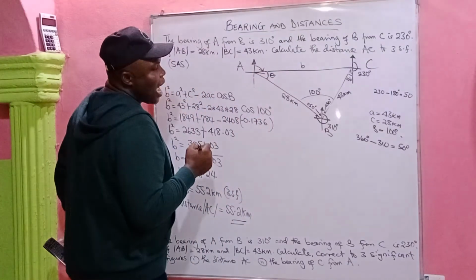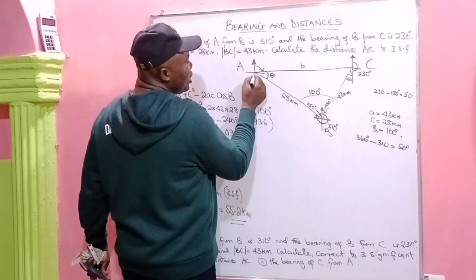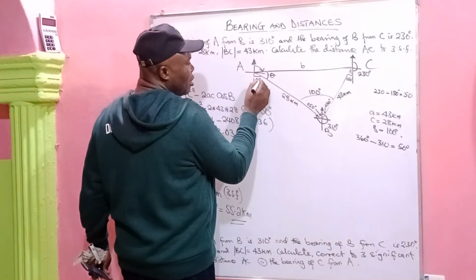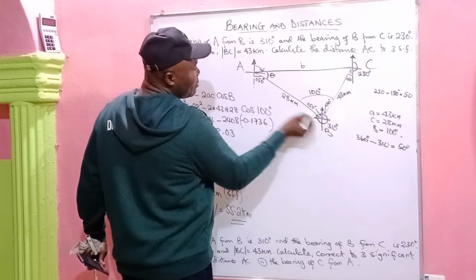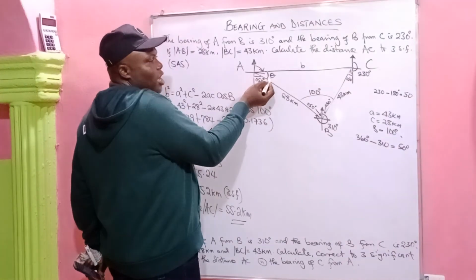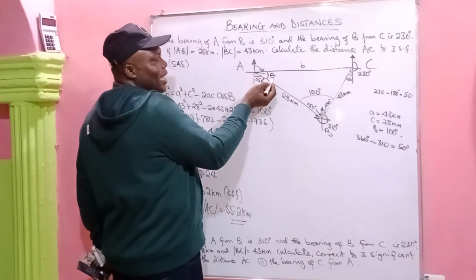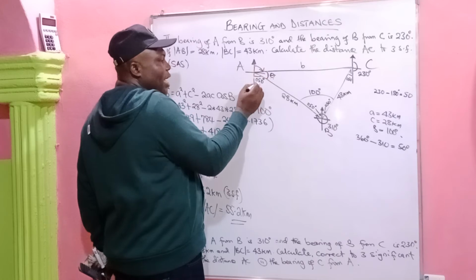Please take note. You have known that if here is 50 degrees, by alternate angle, here also is 50 degrees. Now, here is theta. So, by sine rule, you are going to calculate theta. When you get theta, remember that from here to here is 180.